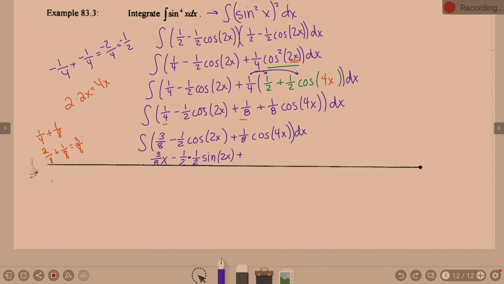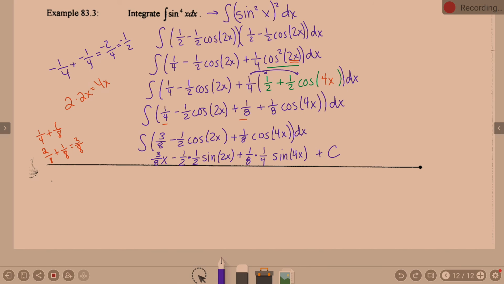So that 1/2 times 1/2 I'll clean up to be a 1/4 here in a moment. Plus, I'm going to write my 1/8 out front. Integral of cosine of 4x. Well, integral of cosine of something is sine of something. Compensate for the derivative of 4x with a 1/4. And I'm going to go ahead and tag on my plus c.